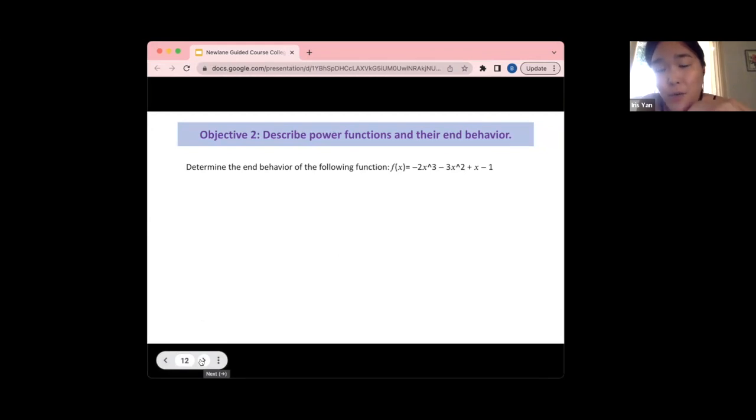A tricky question would be if they put x squared first before the x cubed, and then you miss that. So you need to check who is the highest power. It doesn't have to be the first term, because I can write my expression in any order. I could put -1 first: -1 plus x minus 3x squared minus 2x cubed, and then you have to ask who's the highest power. So you have to see what's the highest exponent of x.